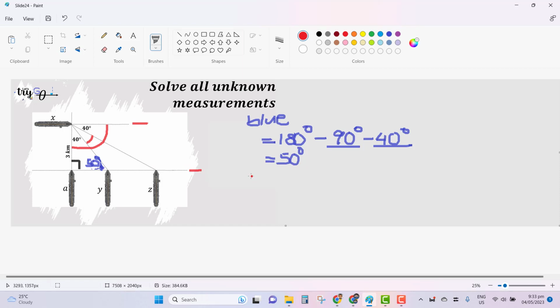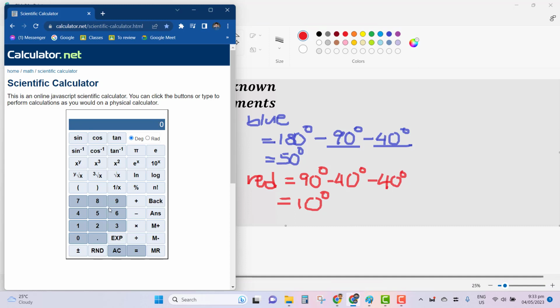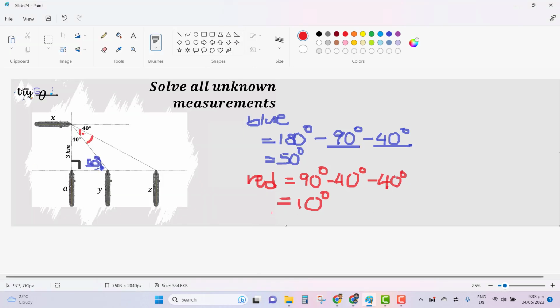That would mean for the measurement of the red angle, we can subtract the two given measurements from 90 degrees, so less 40 degrees. So we will have an exact measurement. You may or may not use a calculator, because that's already exactly 10 degrees. If you would like to be very sure about that, we will still get 10 degrees. That's for your red colored angle here. So this is 10 degrees.